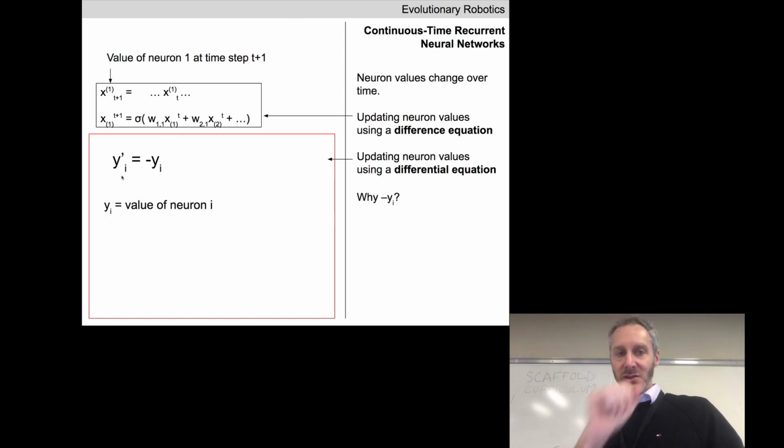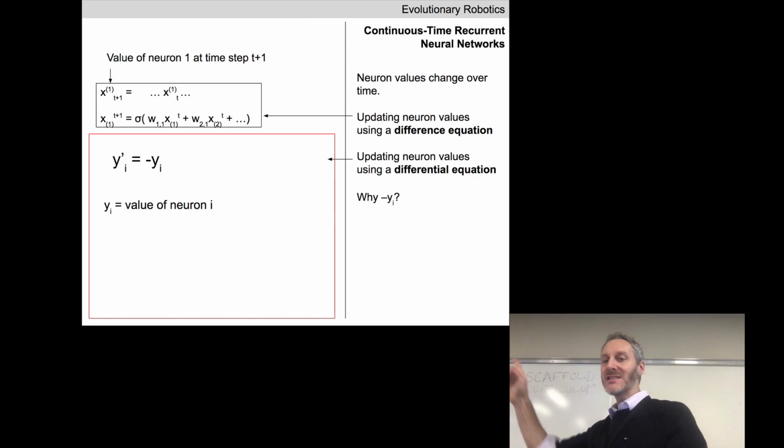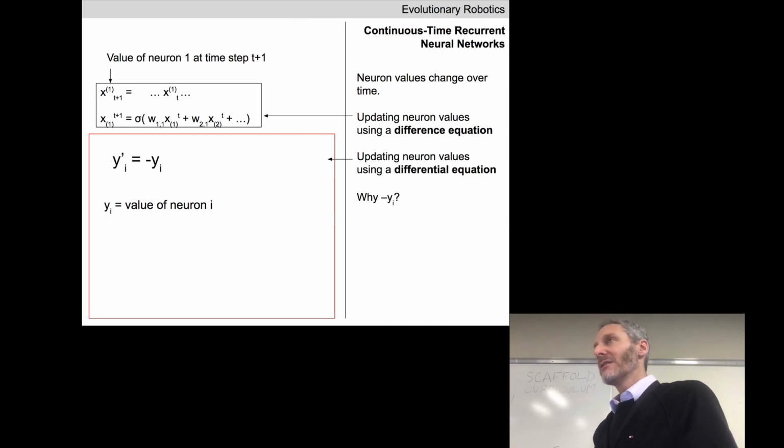We're going to introduce a variable here, y sub i, which is going to represent the value of neuron i. So we have a neural network, a CTRNN. That CTRNN has multiple neurons inside of it. And we're going to track continuously changing values in each neuron.